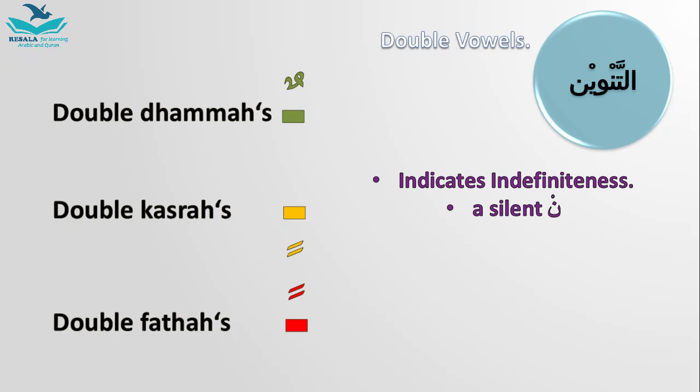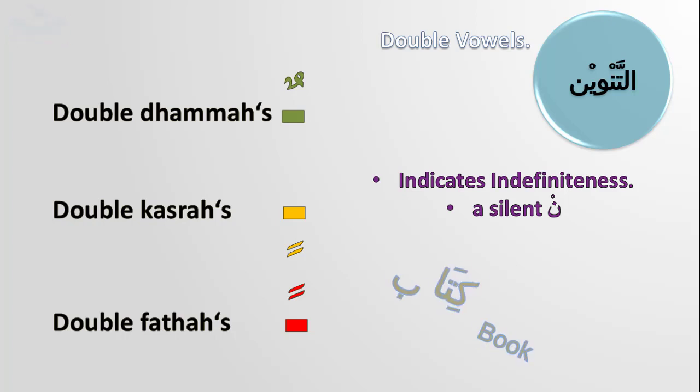It is really a silent noon that is added to the end of the word, but instead of writing it out, we show it by simply doubling the last vowel. Okay, and also I want to say that in some English books you will find it called nunation, because that is exactly adding a noon, noon sakina, or a silent noon to the word.